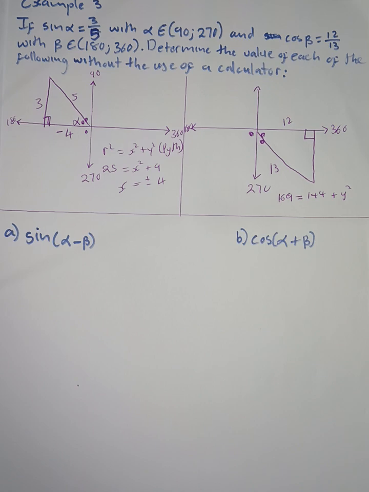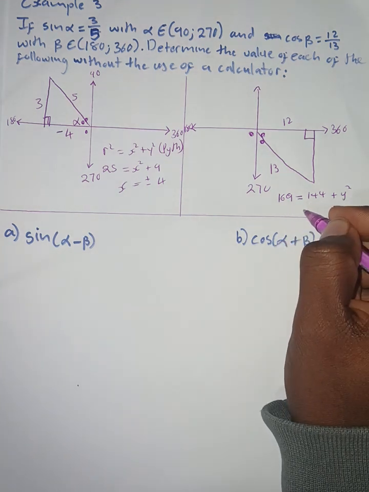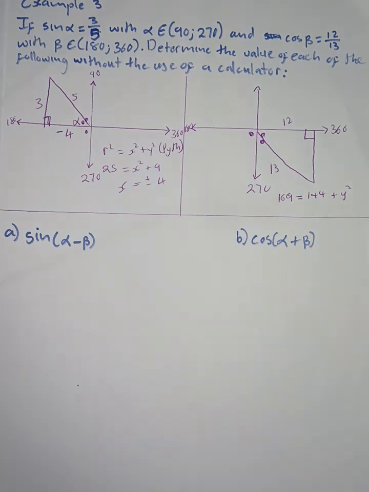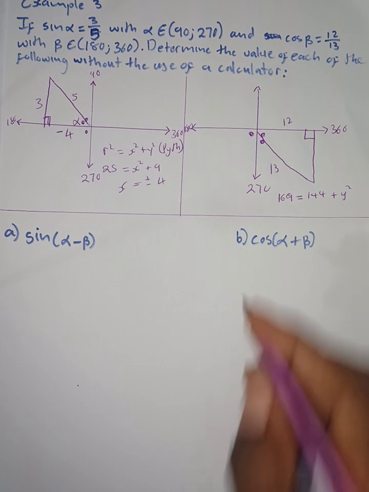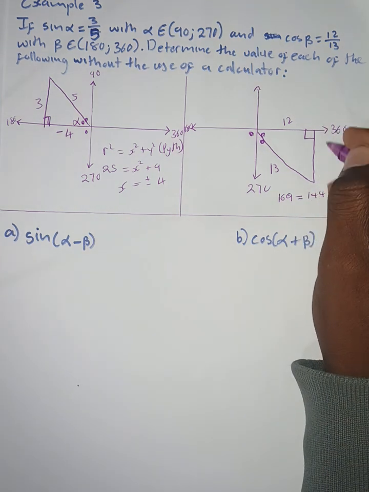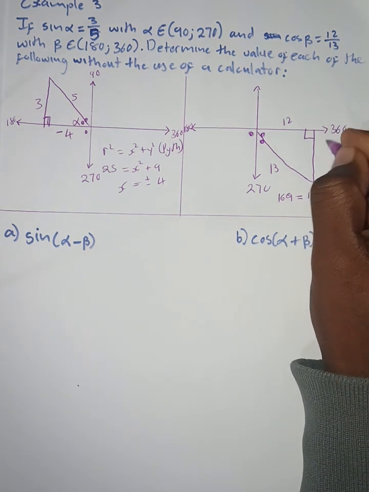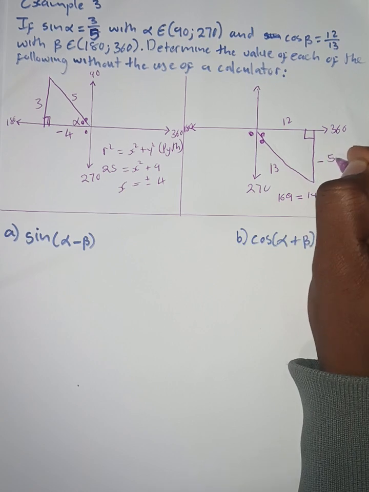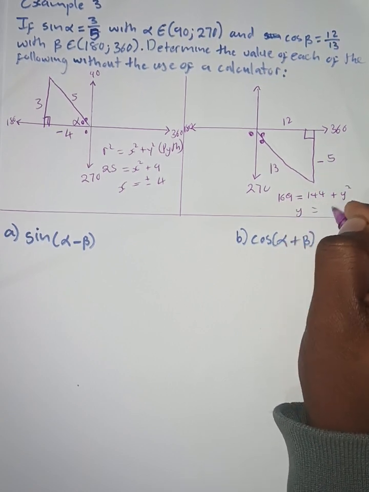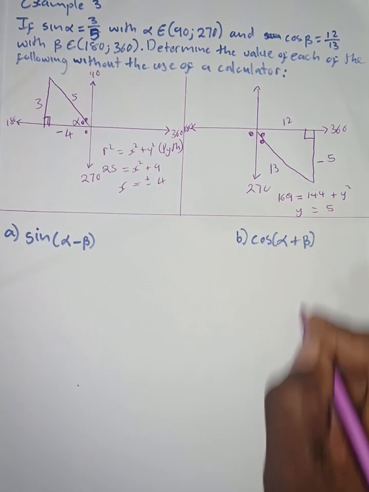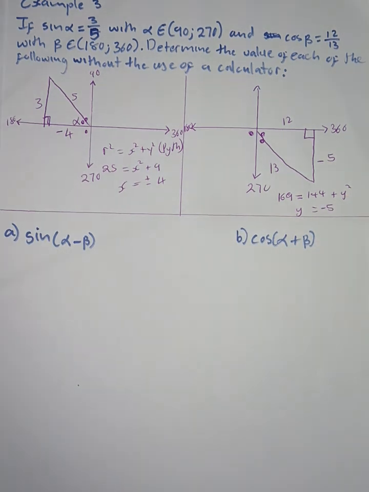So 169 minus 144, that would give us 25, and the square root of 25 would be plus or minus 5. But we know that the y in this region would be negative, so this would actually be negative 5.